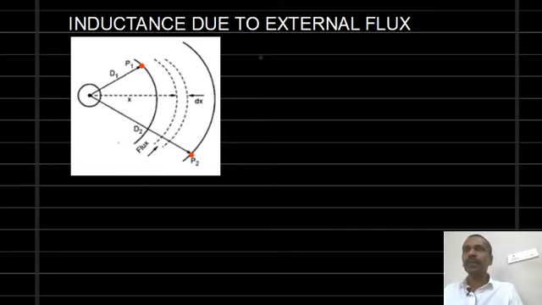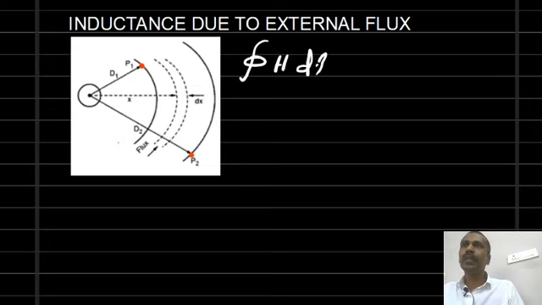Let's first apply the Ampere's circuital law. Integral H dl is equal to I. The magnetic field intensity along any closed path is equal to the current enclosed by the path. Now it is H into, what is the total length of the strip we consider? You see, this is the strip we consider.